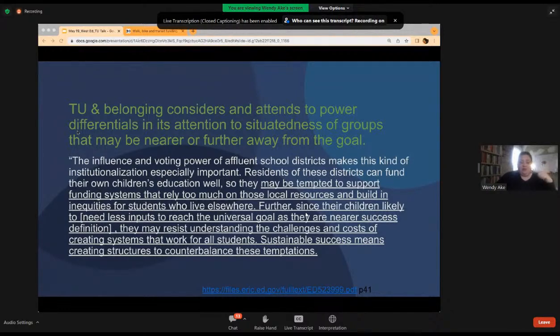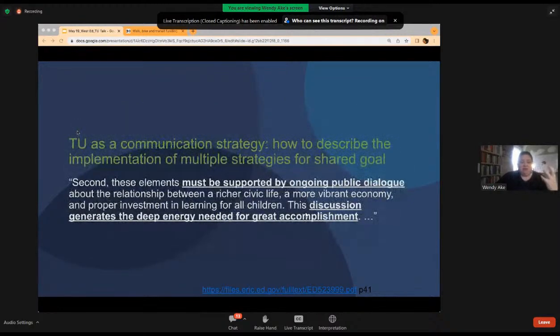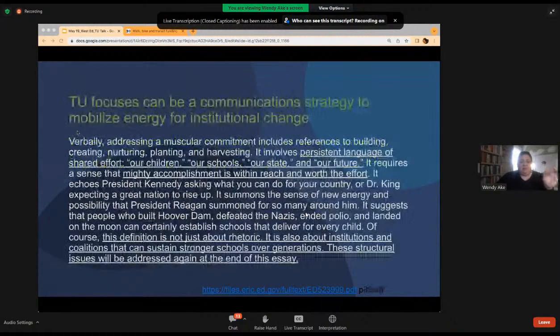So the way that they were navigating that contentious issue was to talk about institutional change, to be talking about a shared goal, a shared aspiration, but then also not leaving it to that extent.